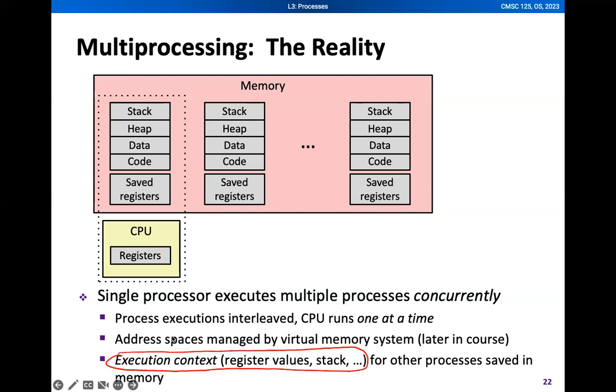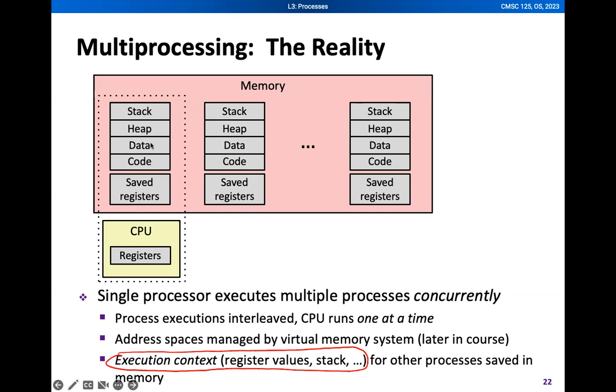The address spaces, on the other hand, or the space in memory where certain processes are allocated, are managed by the virtual memory system, which we will discuss later in the course.